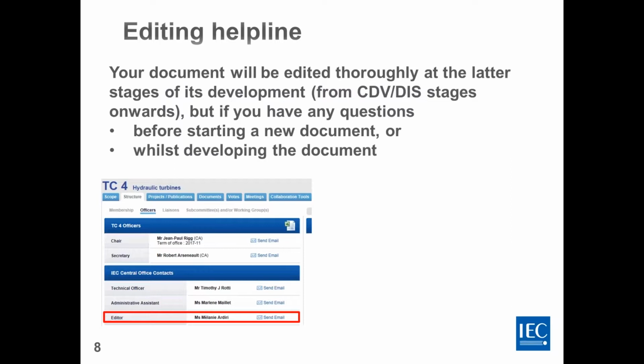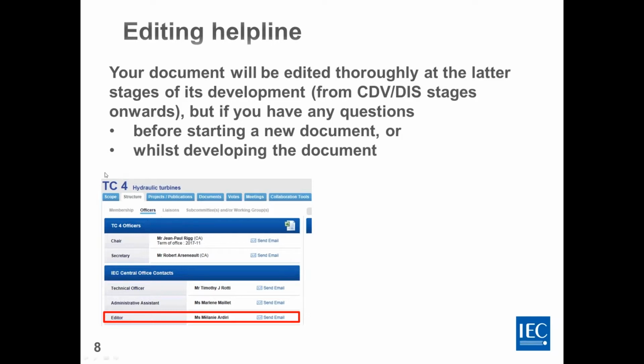One third source of information, a third level of information, is the editing helpline. So your document, when it comes through to the IEC, is edited at the latter stages of its development, at the CDV stages, from the CDV stages onwards. But if you have any questions before starting a document or whilst developing a document, you can always contact your editor.